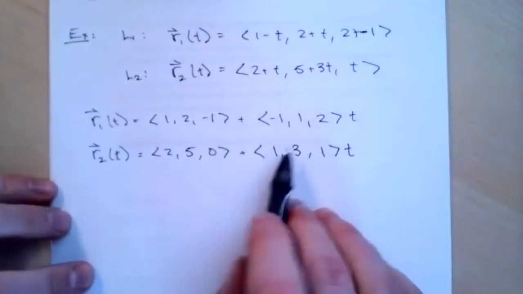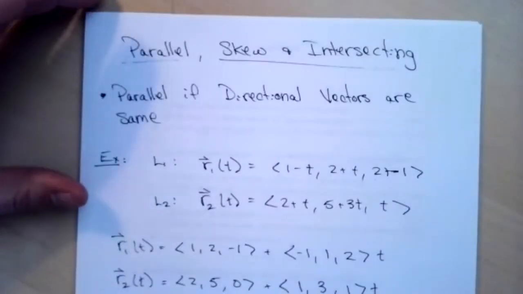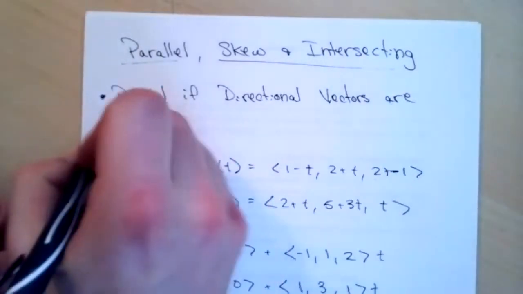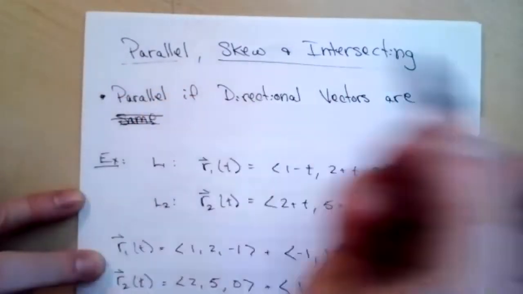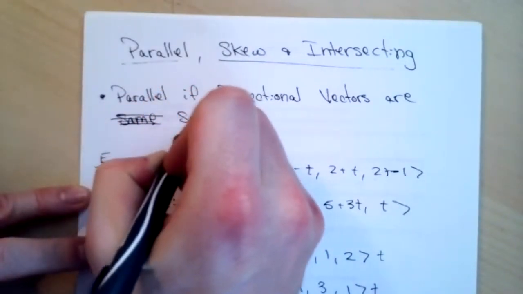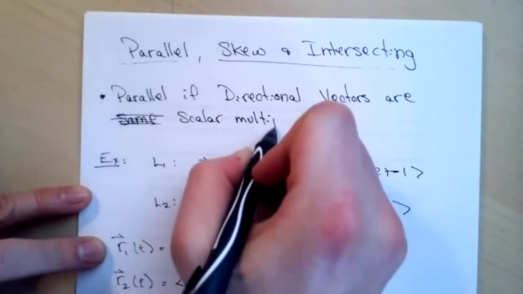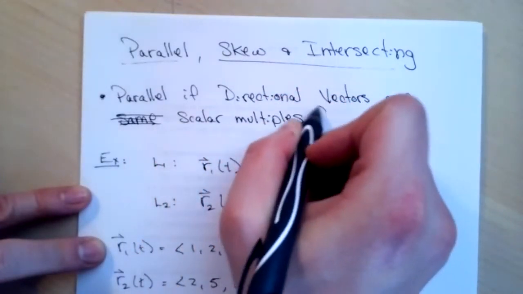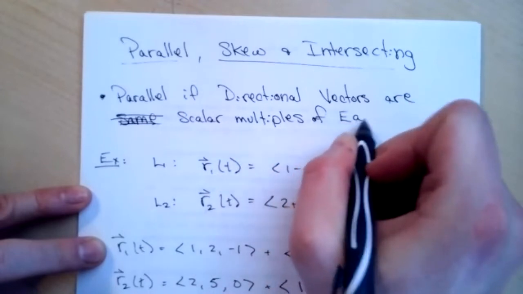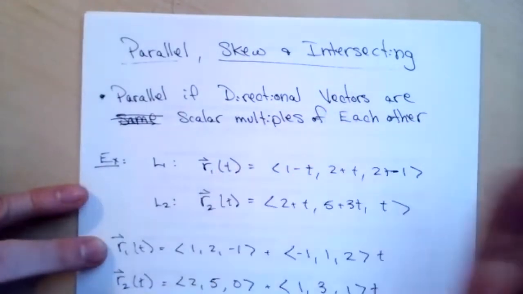So these two vectors are not going to be parallel. So let's go back and make a correction ourselves. Directional vectors are not necessarily the same. If they are parallel, they are scalar multiples of each other, so they're going to be pointing in the same direction.